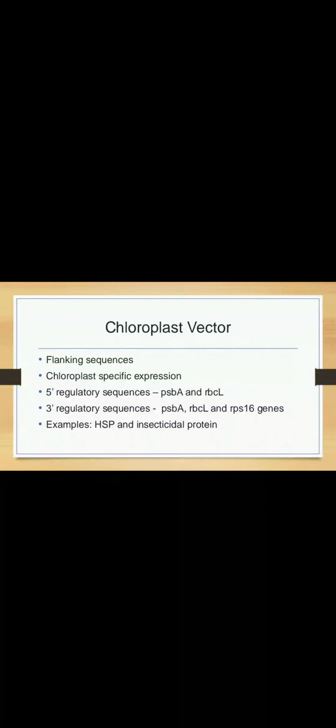Initially, they were having 0.36% accumulation of proteins in the chloroplast. Now, due to the insertion of the chaperone gene, we are having 46% accumulation in the chloroplast.